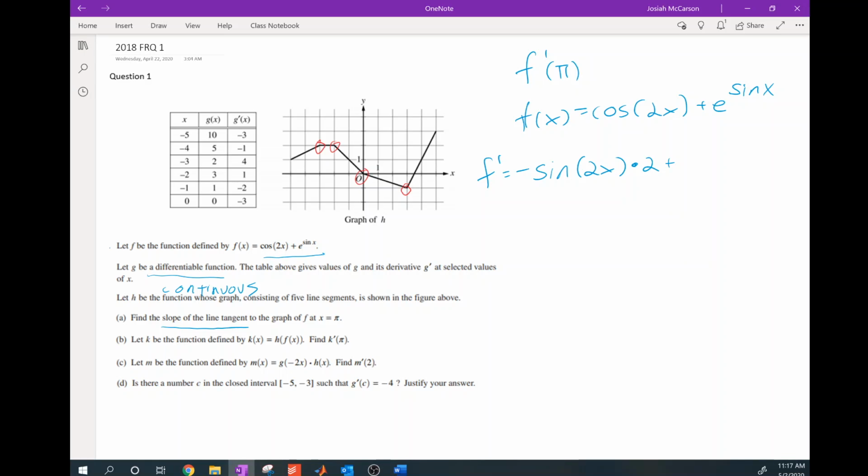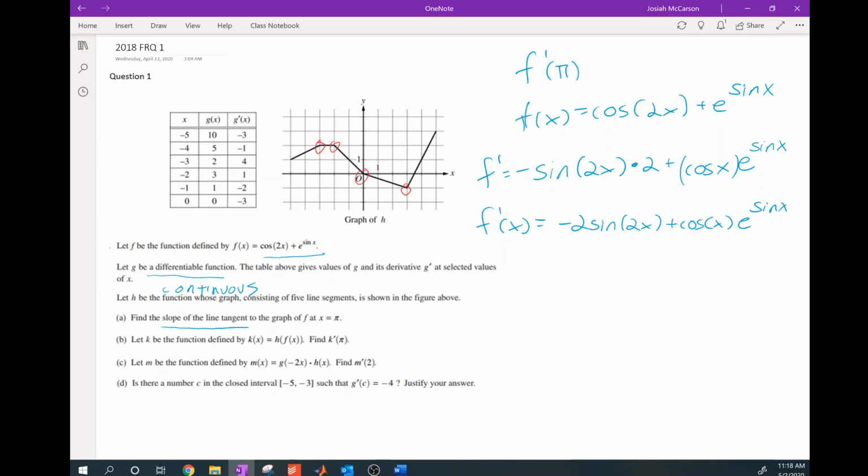For e to the sine x, we take e to the exponent and leave it alone, and then we take the derivative of our exponent. The derivative of sine is cosine. So now we have a nice formula for f prime of x: f prime of x equals negative 2 sine of 2x plus cosine x e to the sine x.